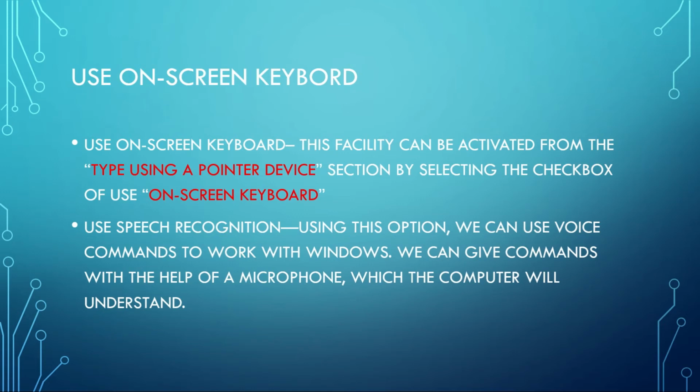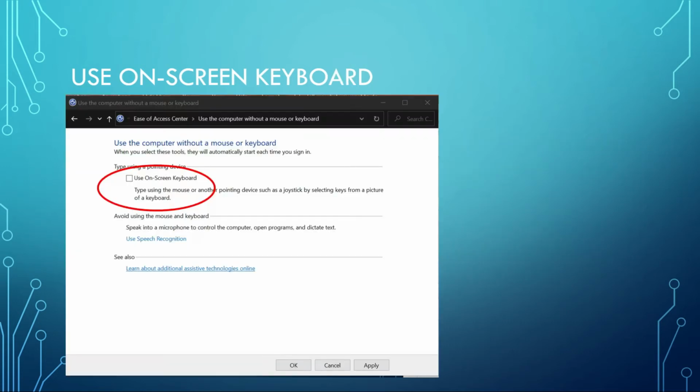Now speech recognition and the on-screen keyboard are a great help for people who are not used to using the mouse properly, or when the mouse is not functioning in the computer at all. Next you can see the options here. How can you use the on-screen keyboard? Type using the mouse or another pointing device such as a joystick, by selecting keys from a picture of a keyboard.